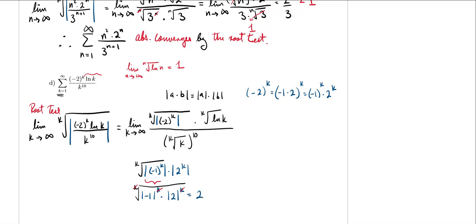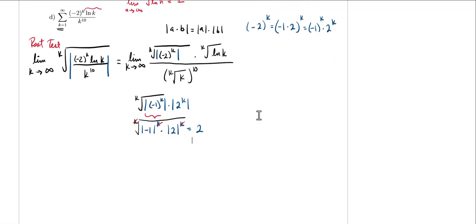Alright, now all of this again was, remember, without taking any limits. I'm just going to go ahead and now rewrite the simplified form of the problem as the limit as k approaches infinity. For our simplification, we got a 2 times the kth root of the ln of k over the kth root of k raised to the 10.